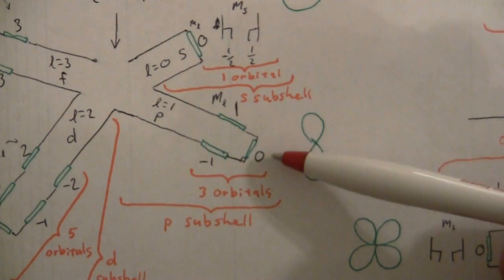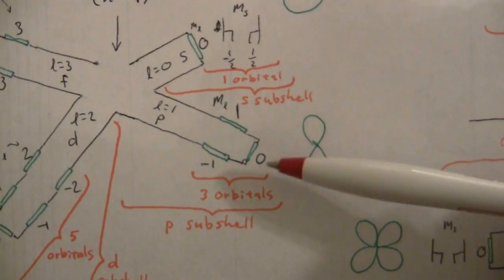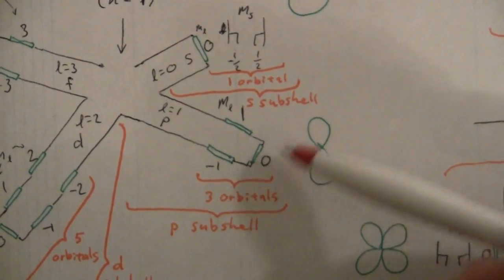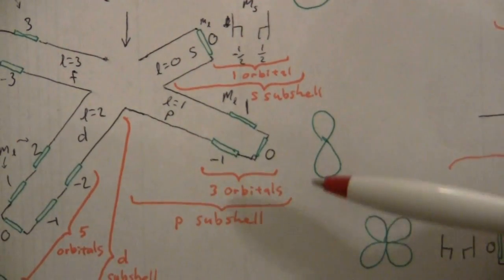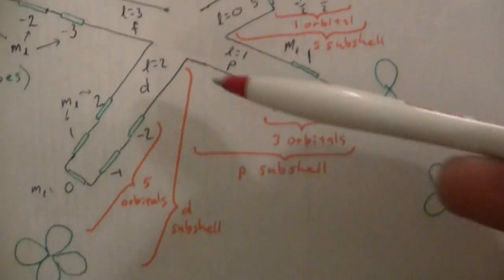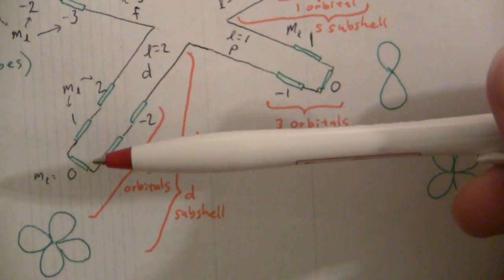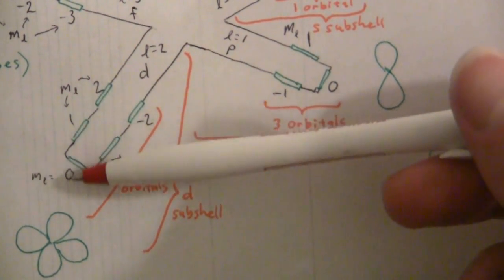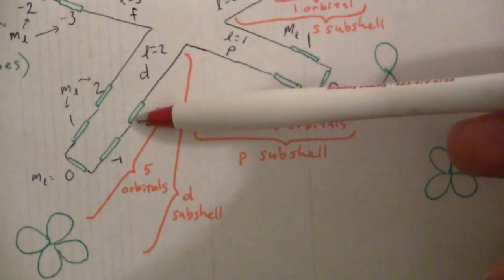So we have a total of 3 orbitals, and I stopped drawing them for space, but there's 2 seats within each of the orbitals for the 2 electrons. Okay, so there's the P subshell. Then we have the D, again, looks just like in the lower level, where we have m sub L, 0, 1, -1, 2, and -2.